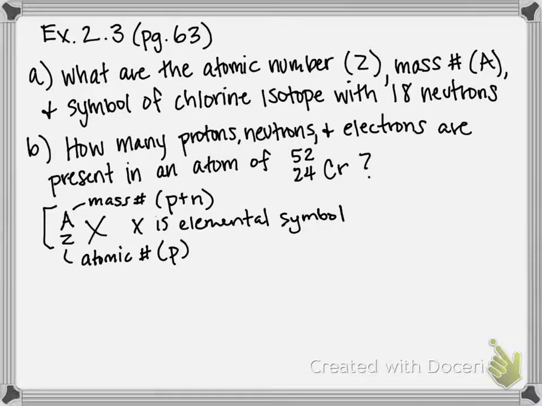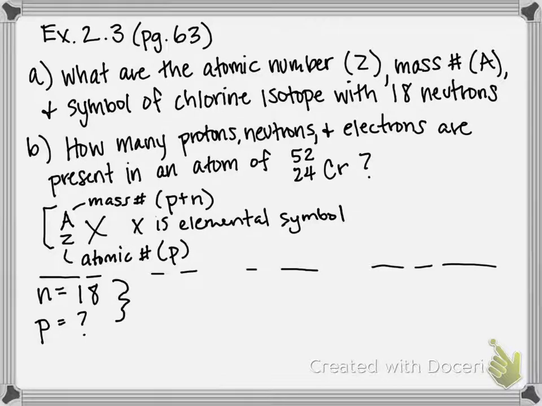We know the number of neutrons is 18, and we know our elemental symbol is going to be Cl. We need to figure out the number of protons, and what the two combined are, so that we can figure out our mass number.